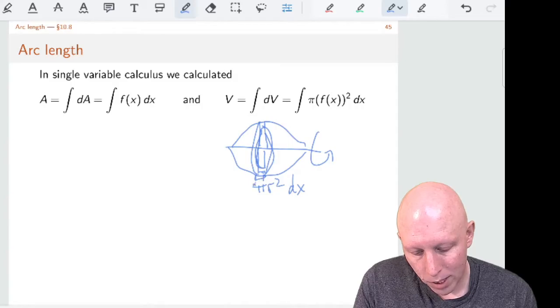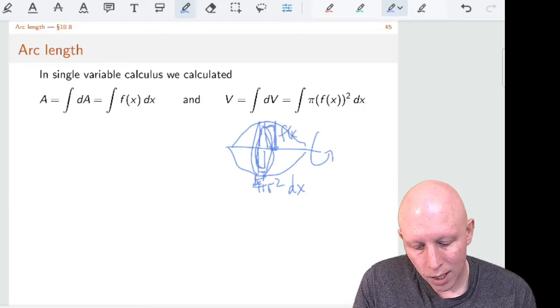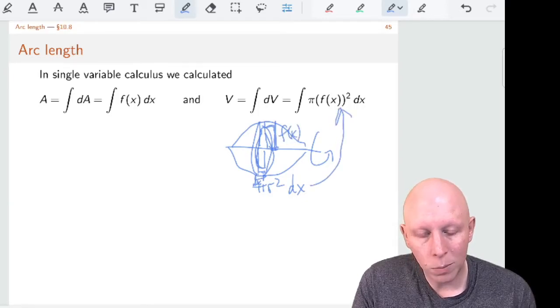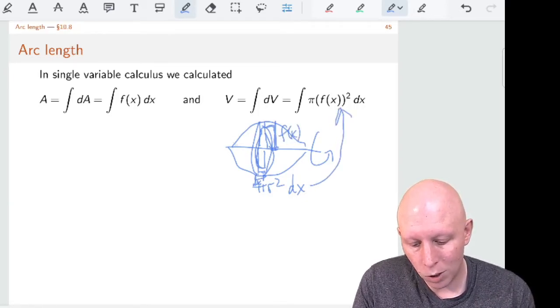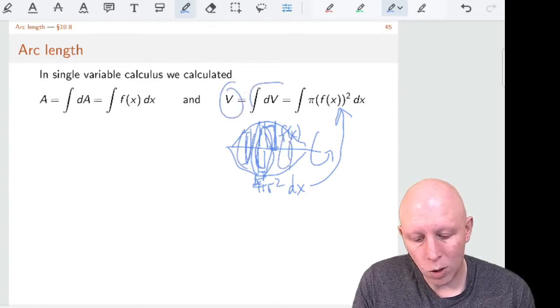So we had a little bit of dx. The radius of this cylinder was f of x. And so that gave us this formula for the volume. The volume of the whole thing was what happens if you broke down the volume into a whole bunch of little bits.